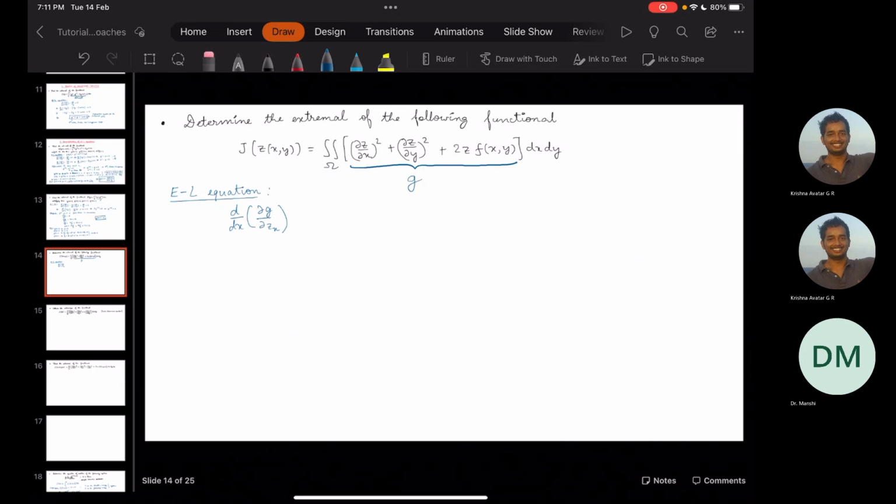This means that it's with respect to x, so it's dou z by dou x, plus dou by dou y of dou g by dou z y, minus dou g by dou z is equal to 0. I keep using the terms interchangeably, but I hope you understand from the context whether it refers to the ordinary derivative or the partial derivative. So this is our Euler-Lagrange equation.